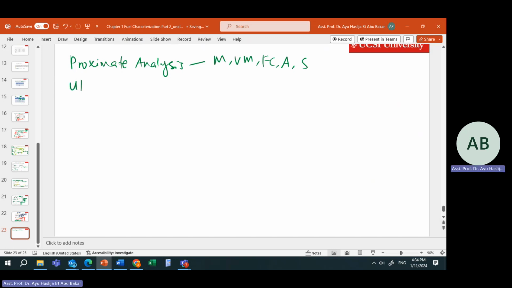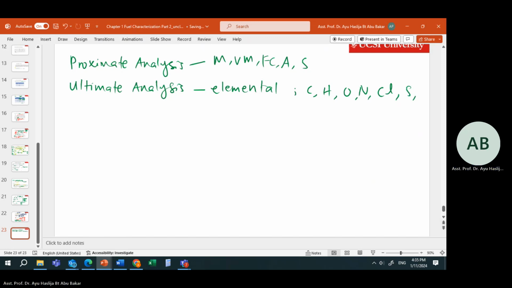Okay, and then the ultimate analysis. Ultimate analysis here, elemental analysis lah. For example, C, H, O, N, Cl, S, and others lah, kalau ada. Usually, commonly dalam calculation is up to here, in our syllabus lah.